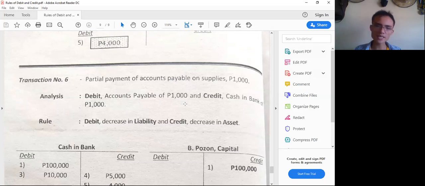We only have 2 sides. On the analysis, we take note of the appropriate account title. And for the rule, we have to know the effect. The effect would either be increase or decrease. Increase on the normal balance, decrease on the opposite side.